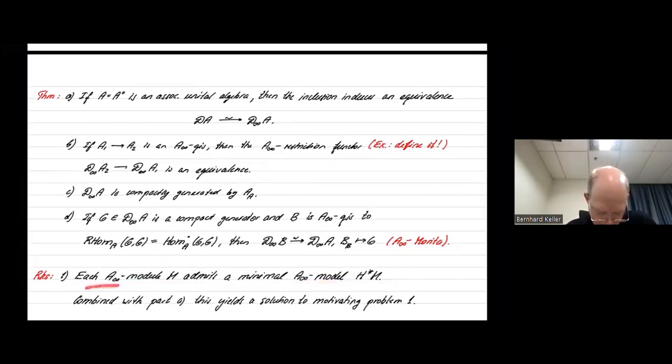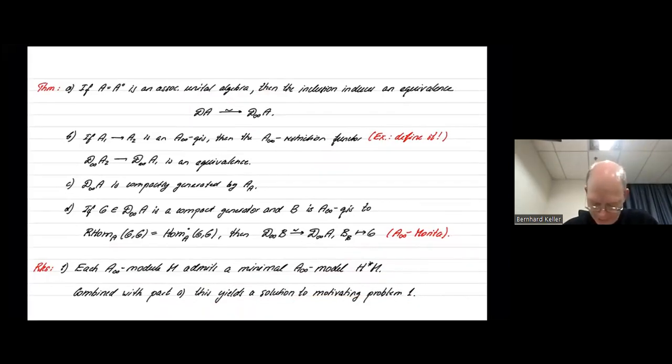So each A infinity module also admits a minimal A infinity model whose graded space is just the homology of M. And if we combine this fact with this equivalence, then we get the solution to the motivating problem of recovering the complex up to quasi-isomorphism from its homology with a minimal A infinity structure.